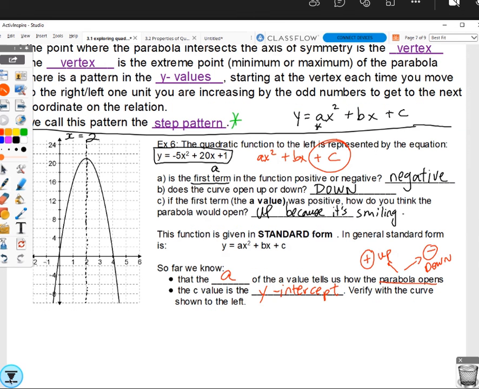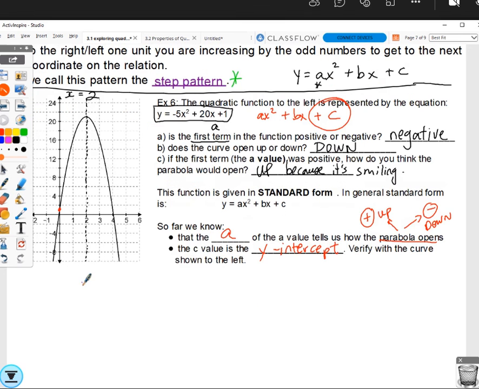Notice on this graph, this graph might not be the best graph to show you, but what I can show you is maybe some familiar stuff. What does x have to be when we're solving for the y-intercept? Remember that? We got to set x equal to 0.